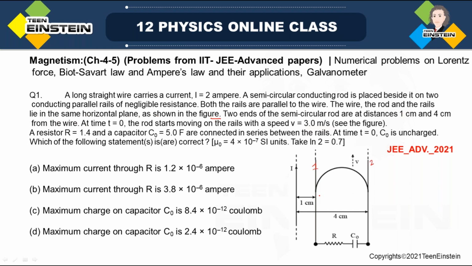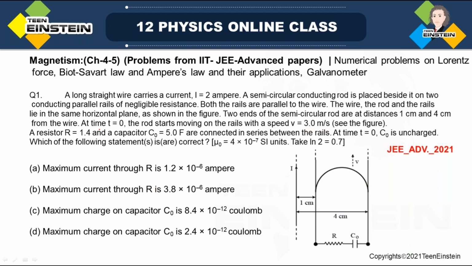Two ends of the semicircular rod are at distances 1 centimeter and 4 centimeter from the wire. See, one end of the semicircular rod is situated at 1 centimeter from the current carrying wire, and the other end is at 4 centimeter away from the wire.